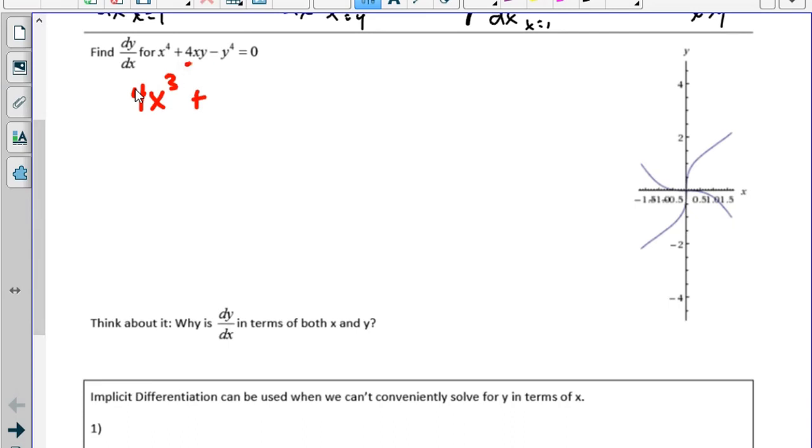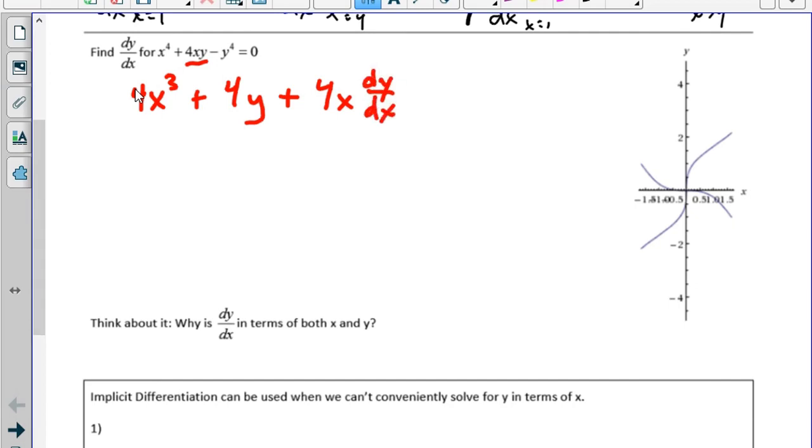Now let's take the derivative of 4xy. We're going to use a product rule here because both of these are variables in this case. A lot of times when we have two letters multiplied together, we treat one as a constant. In this case, both are going to be variables. So we're going to do product rule. 4, and the derivative of x is dx dx, which is really 1, times y, plus 4x. And then the derivative of y with respect to x, we're going to write dy dx.